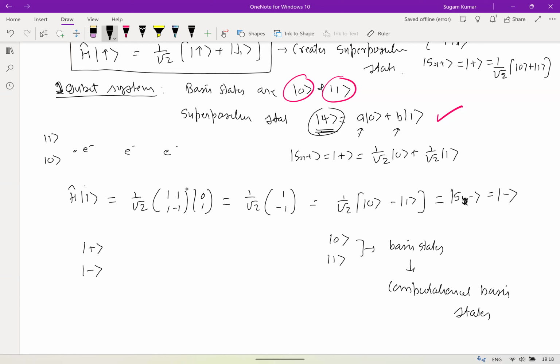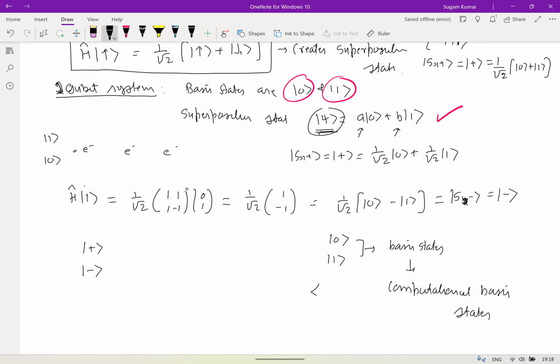You understand the basis states when I say so. Basis states must fulfill the condition to become a basis, and that condition is that they must be linearly independent, correct? And you can see that 0 and 1 are linearly independent.